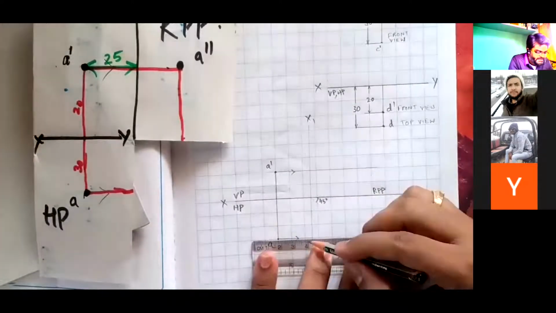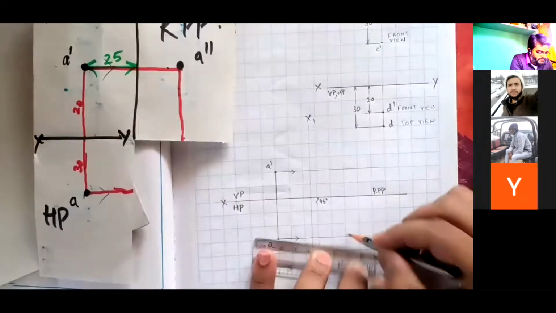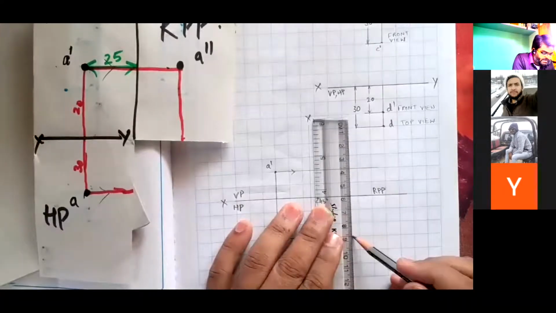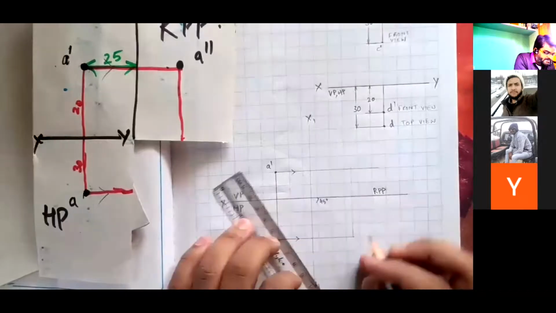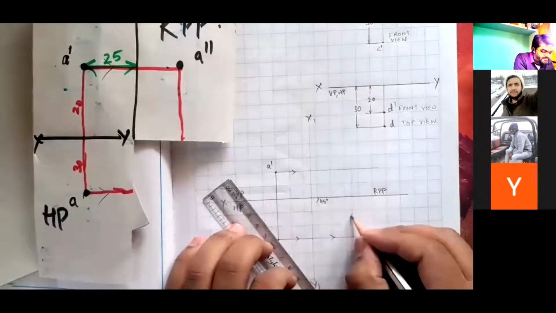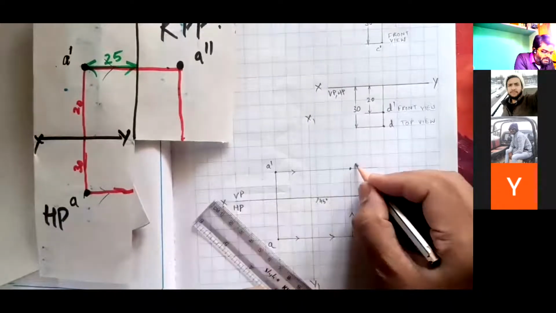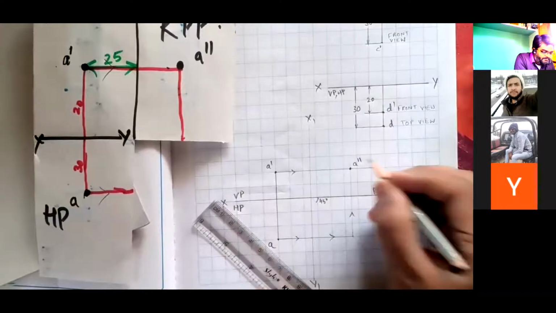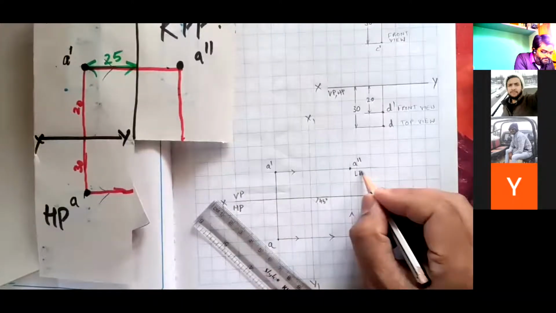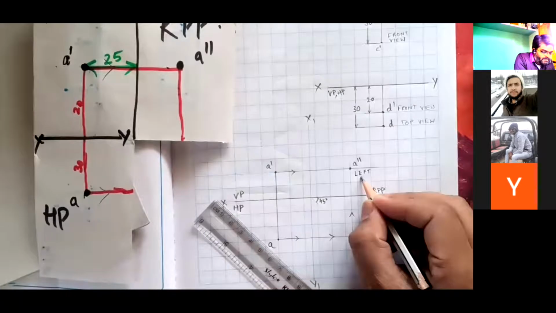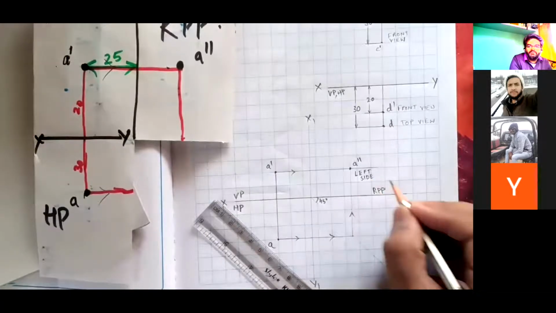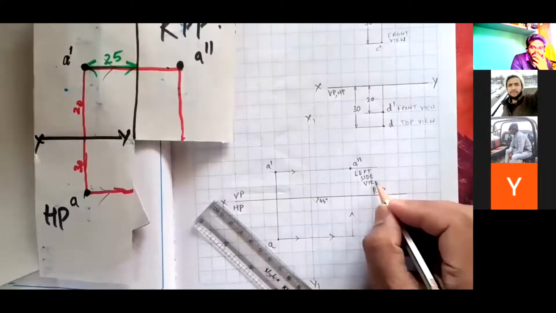From here you extend it further above till it meets the front view line. This is the position of A double dash, or the left side view on the right profile plane.